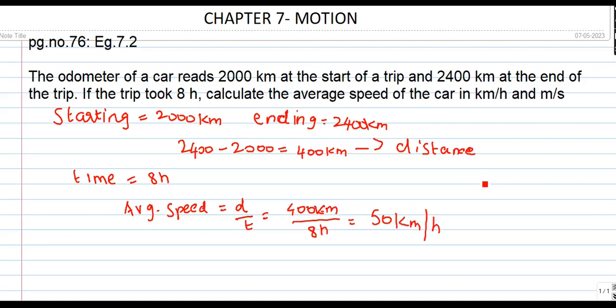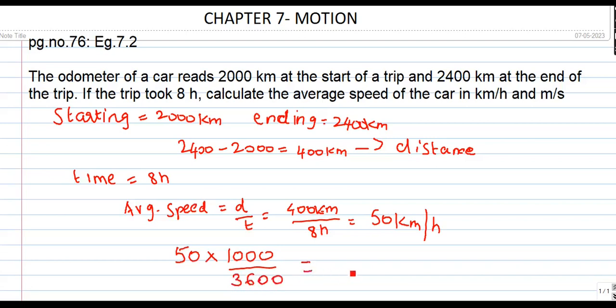So we have got this in kilometers per hour. We have to convert this to meters per second. So how do we convert it to meters per second? We have to take this 50 and we have kilometers. Kilometers to be converted into meters, we have to multiply it by 1000. So in the denominator, what do we have? We have hours. So this has to be converted into seconds. So we multiply by 3600.